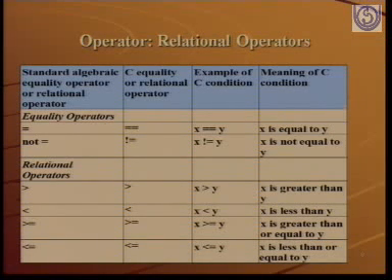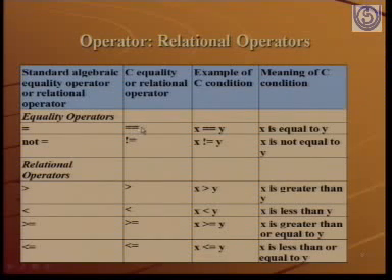These relational operators are also binary operators. The arithmetic operators we have seen were binary operators, and binary operator means it works between two operands. So this operator also works between two operands. This NOT is a unary operator. We will see what unary operator means when we discuss this NOT.